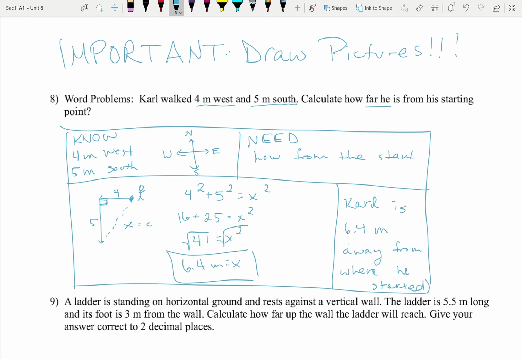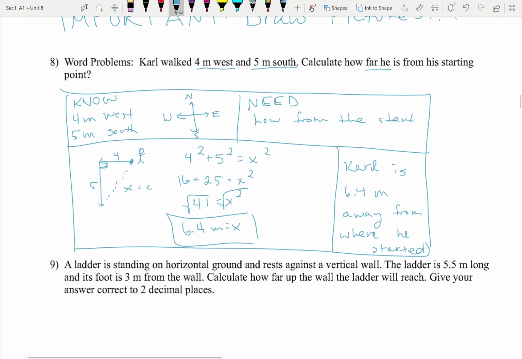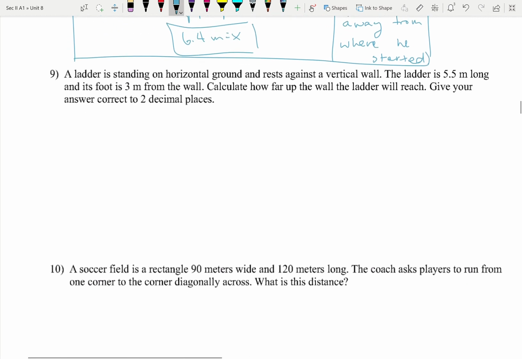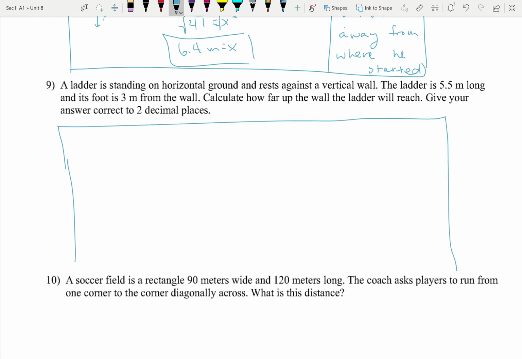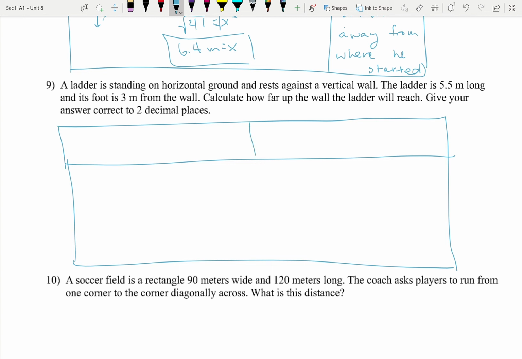Okay, so let's do that process for our other two word problems. Word problems are going to be a huge part of this trig unit. Okay, let's go ahead and draw our box. If you don't need this box, I'm not going to make you do it, but it really is helpful.